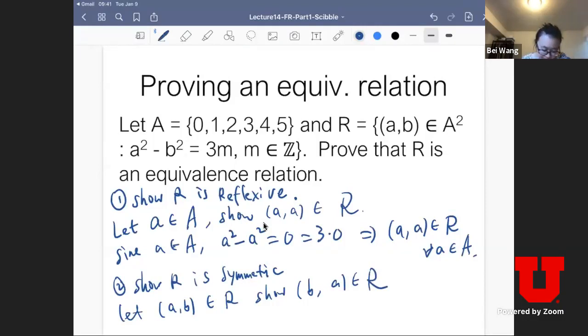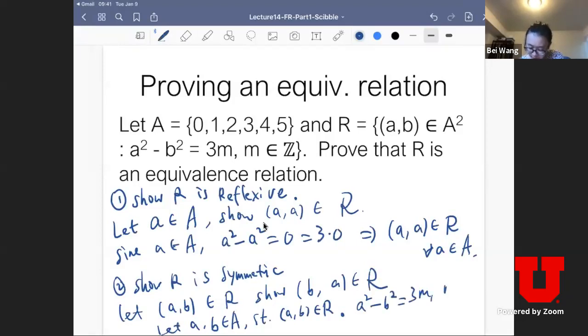Let's say I have A, B, elements in my set A, such that A, B is in the relation. And then by definition of the relation, A squared minus B squared is 3 times M for some M that is an integer. If I multiply both sides by -1, what we have is -1 times A squared minus B squared is equal to 3 times -M.